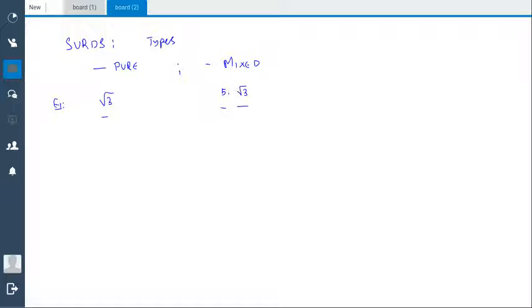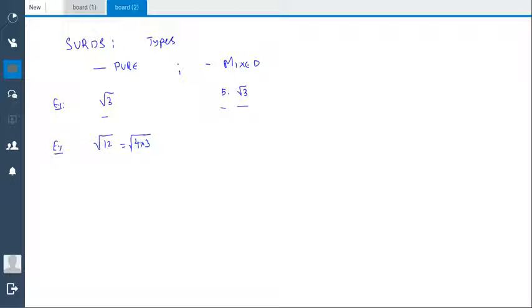Now you can interchange these. For example, root 12 is there. Root 12 is not simple, because root 12 we can write as root of 4 into 3. Why am I writing 4?